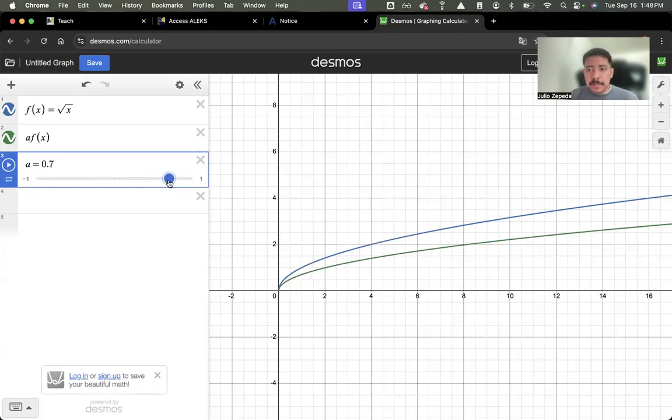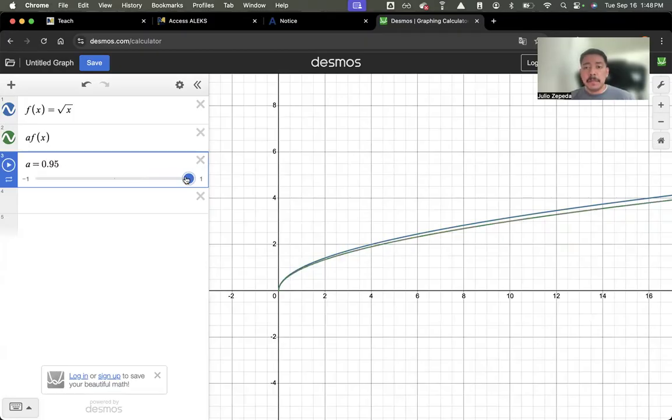So here is a bunch of values. So we can see at a equals 1, it's the same as f of x equals the square root of x, but we can cut it down to any fraction that we want. Any fraction between 0 and 1 will produce just a cut down version of the square root of x.